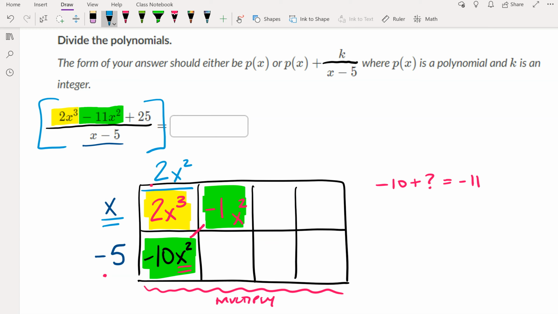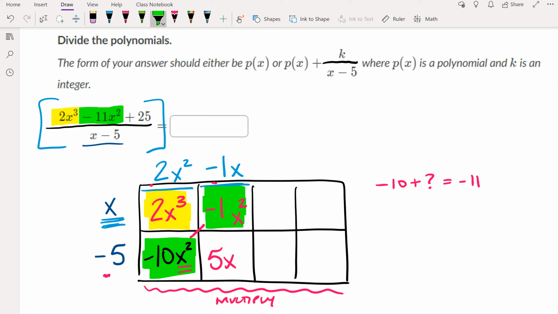Now let's go and fill out this top. X times what gives me negative 1x squared? X times negative 1x. Cool. We can multiply to fill out the bottom box on that column. So negative 5 times negative 1x gives me positive 5x.